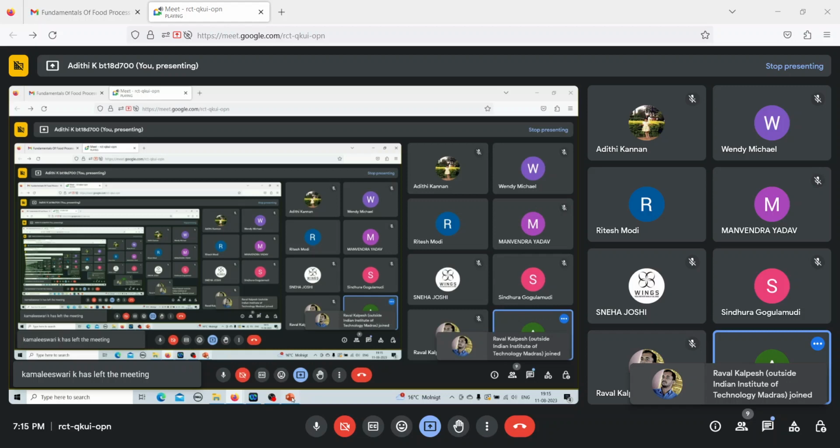S is equal to log of n naught divided by 10 power minus 4 times n naught. N naught gets cancelled. So log of 1 by 10 power minus 4 is equal to log of 10 power minus 4. So this becomes a 4 log cycle reduction, or sterilization value of 4.